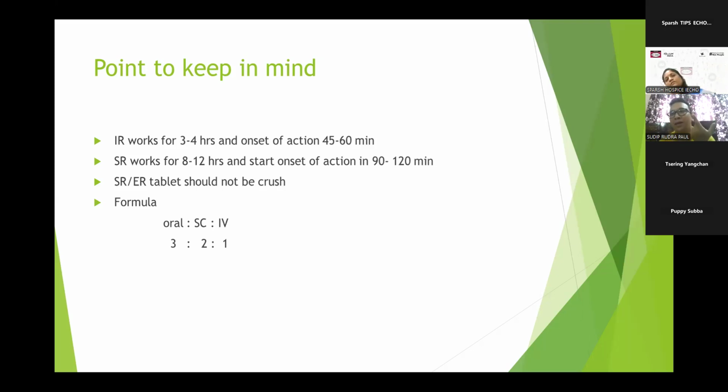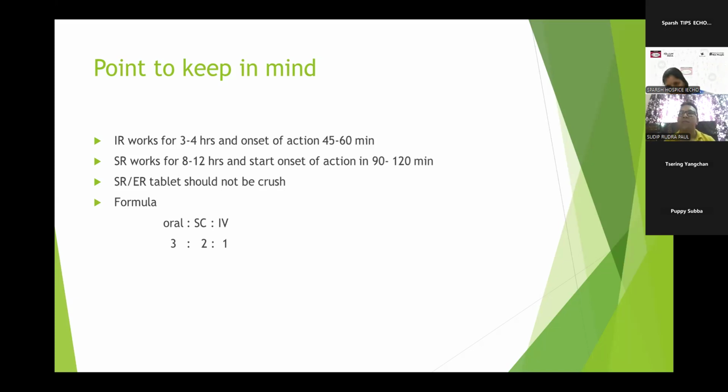What will he take? He will take a 10 mg IR tablet, because if he takes an SR tablet, it will take 90 minutes, that means 1.5 to 2 hours, to act. In those 2 hours the patient will suffer. So we will give IR in the meantime.